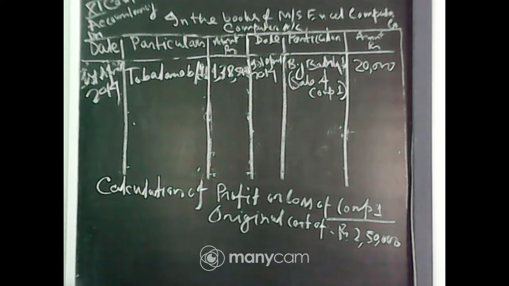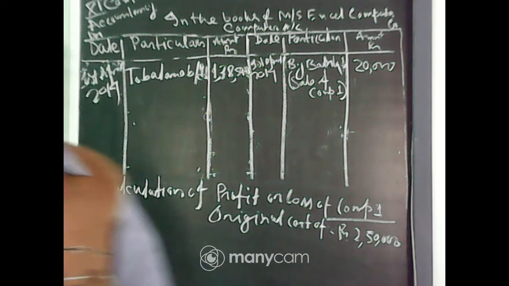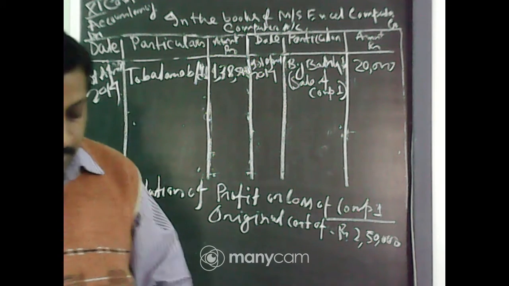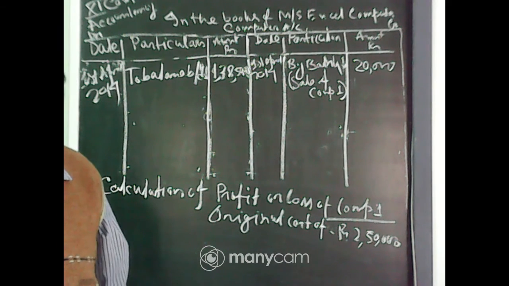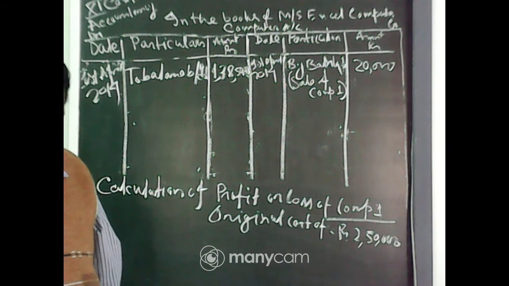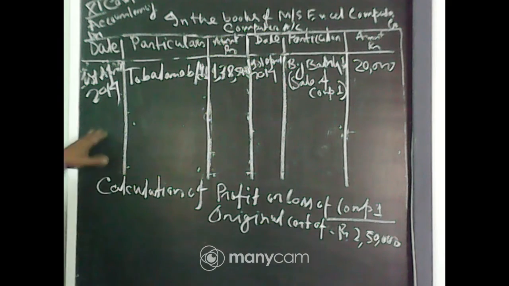Now upon 2,50,000 we have already charged depreciation for 2010-11, 2011-12, 2012-13 and 2013-14.